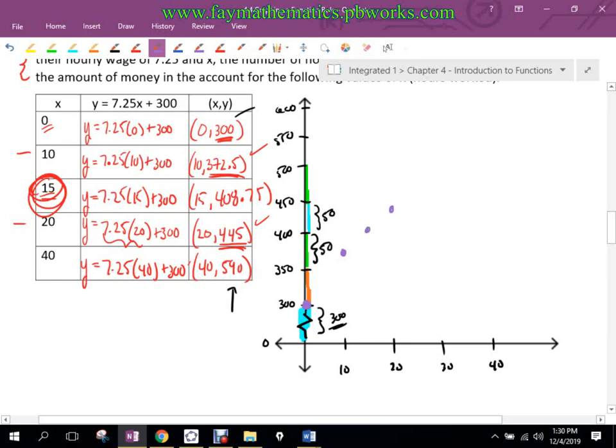And then 40, 590, maybe about right there. Do those purple dots look like they're in a line? Yes. Okay. So when your x's and y's exceed traditional graphs, you might have to do something like that.